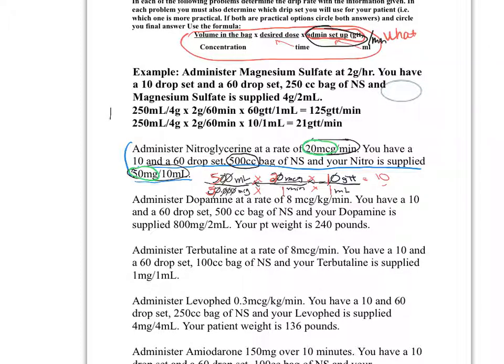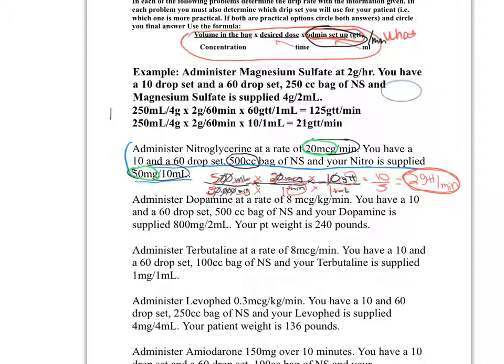And that gives me 5. 10 divided by 5 equals 2. So my answer is 2 drops per minute. Now looking back, I should have canceled out all of my units. So here I used milliliters, here I used milliliters, here I used micrograms, here I used micrograms, so that I'm left with drops per minute, giving me 2 drops per minute.